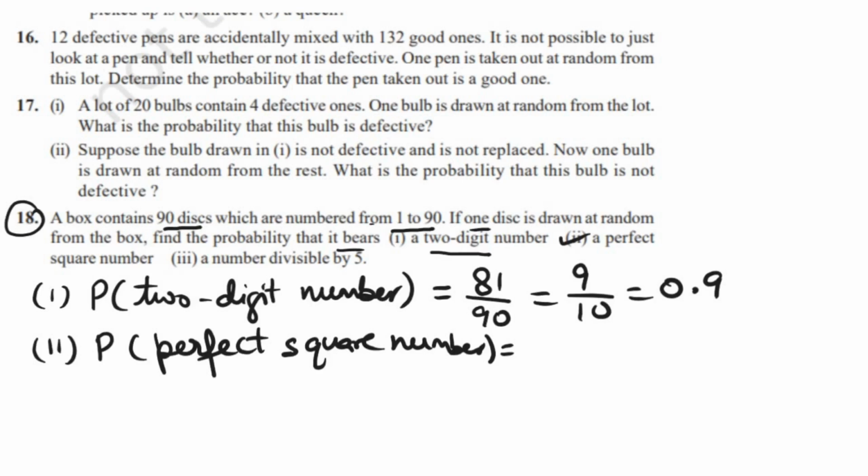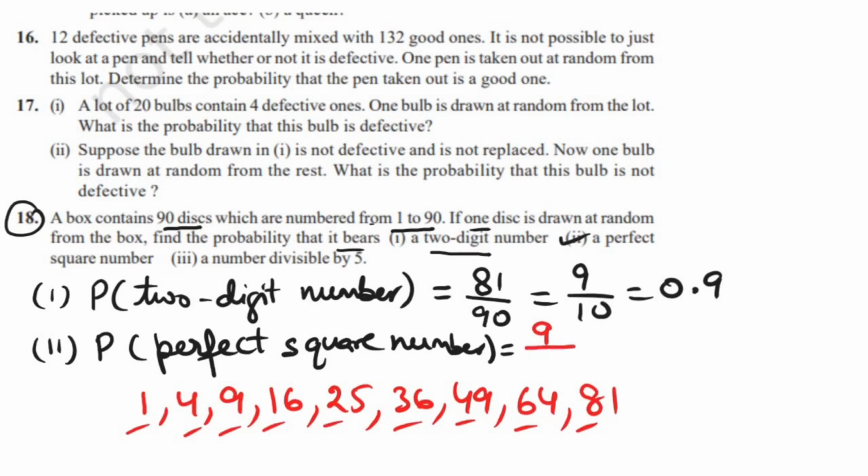So from 1 to 90, how many perfect squares are there? 1 is a perfect square, 4 is a perfect square, 9 is a perfect square, 16 is a perfect square, 25 is a perfect square, 36 is a perfect square, 49 is a perfect square, and so on. 9 out of 90. So the probability of getting a perfect square is 1 upon 10, which is 0.1.